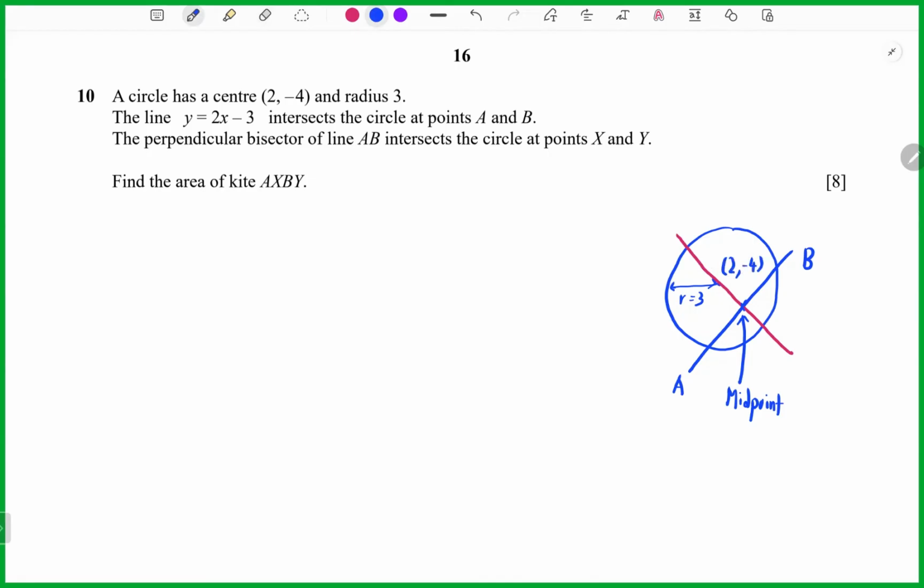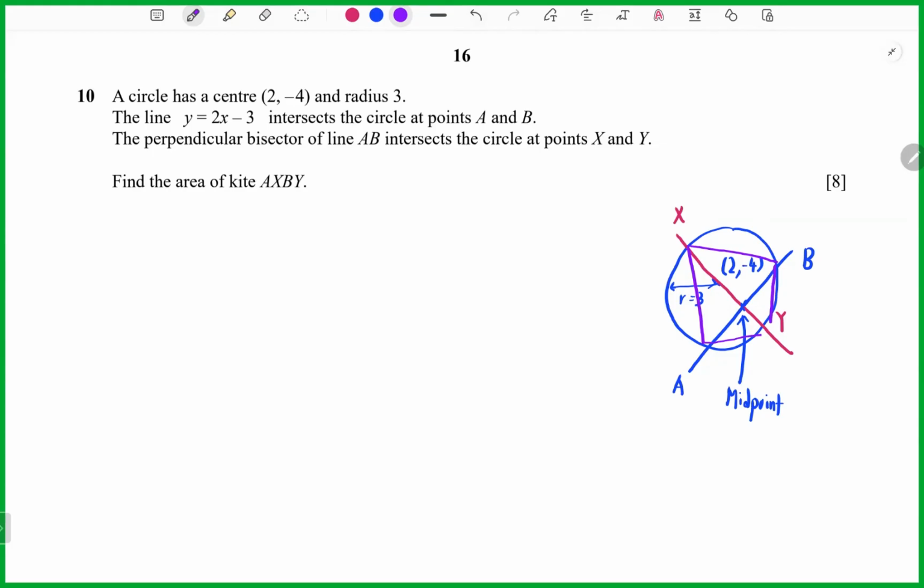Now I can label X and Y, and I can draw it out first. You can see this shape is just like a kite.